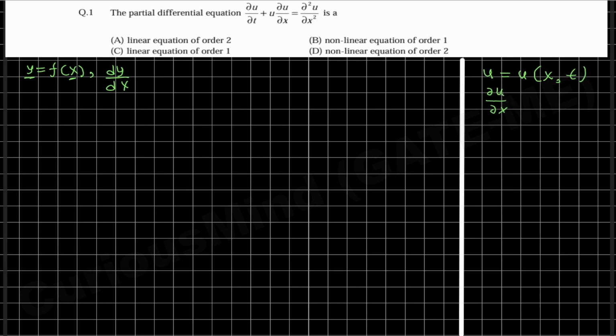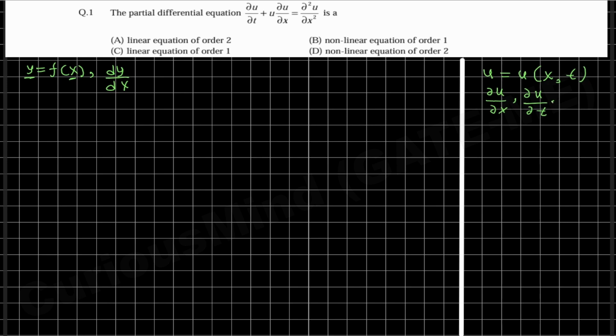Now when we consider this first partial derivative, we assume that t becomes constant, and when we consider partial derivative of u, which is a dependable variable, with respect to t, which is another independent variable, and in this case x becomes constant, meaning when we consider partial derivative of u with respect to x, then we assume t becomes constant, and when we consider partial derivative of u with respect to t, then x becomes constant.